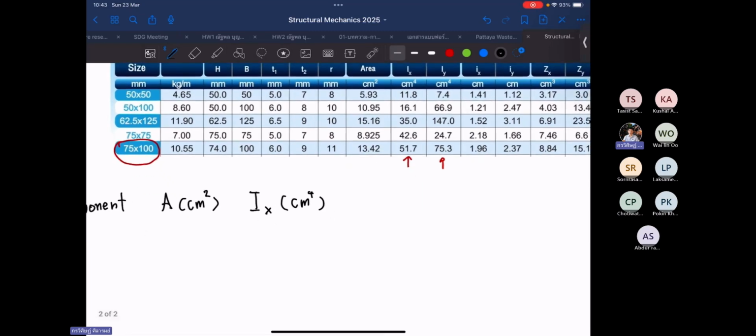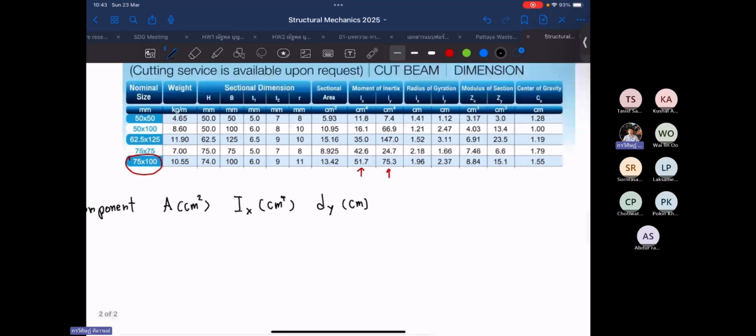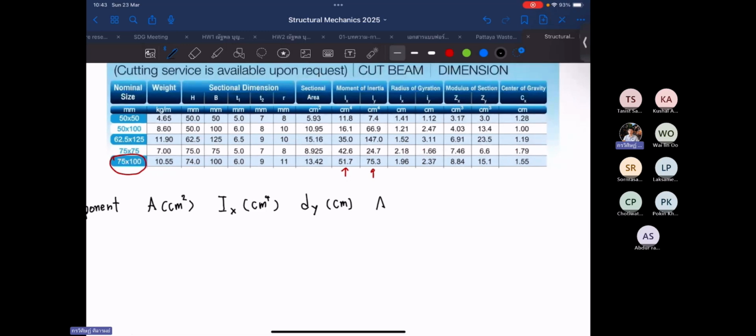And dy, the distance from the centroid of the shape to the centroid of the component. This one I will also use centimeter. Then dy square, in square centimeter.